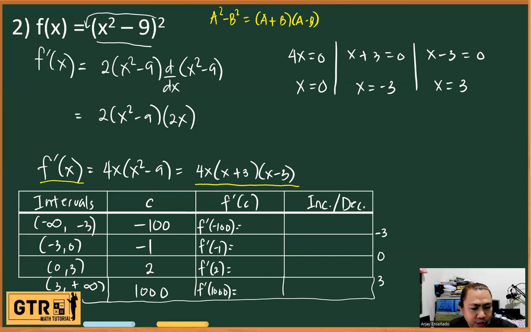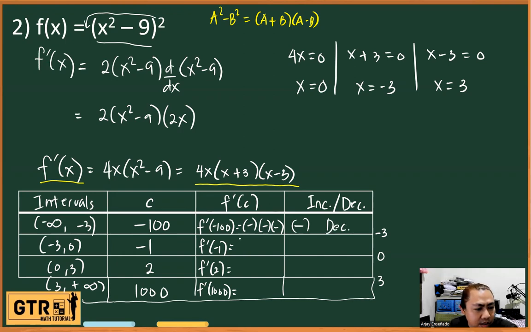So let's substitute the sign. So if x is negative 100, 4 times negative 100, that is negative. If x is negative 100 plus 3, so that is still negative. And then if x is negative 100 minus 3, so it's still negative. So therefore, 3 negatives, the answer is still negative. So therefore, decreasing. Okay?